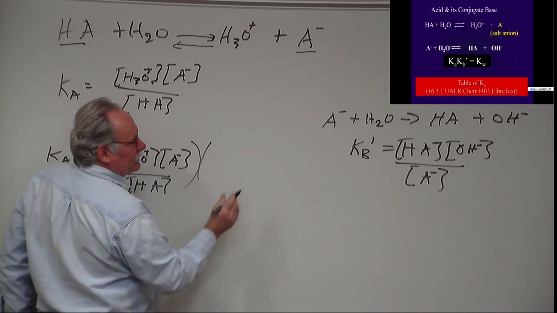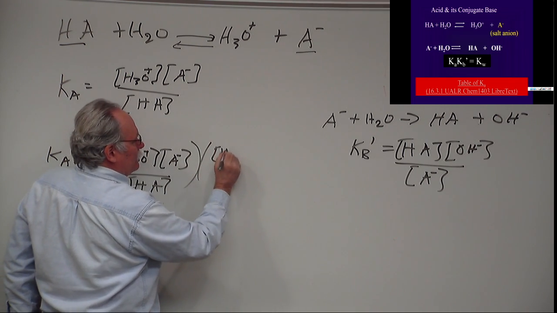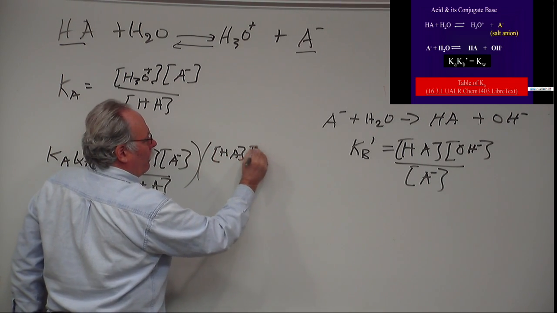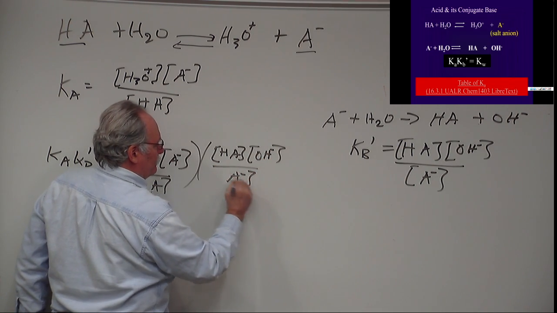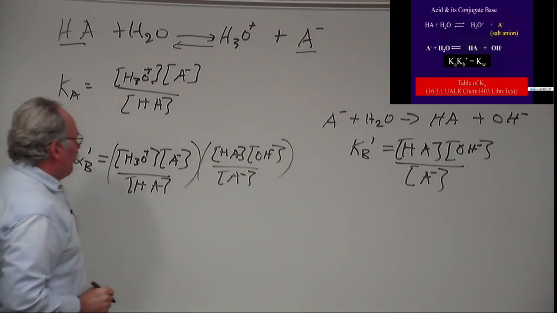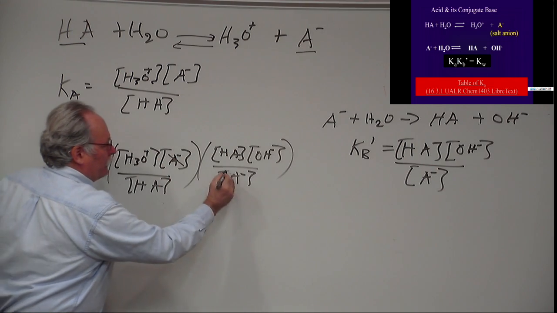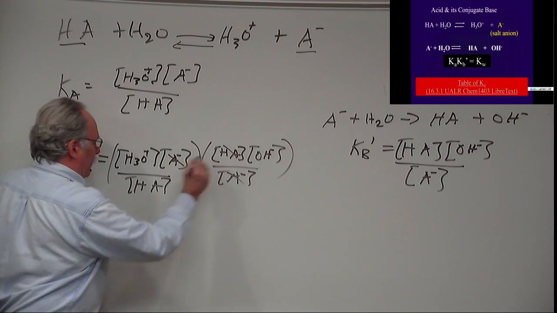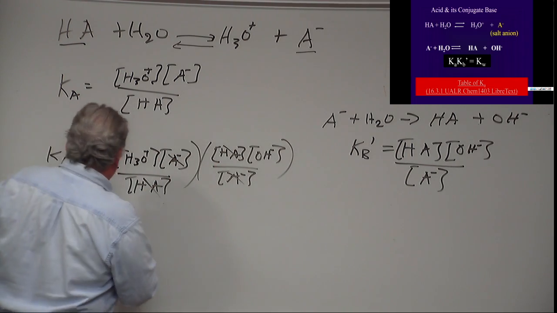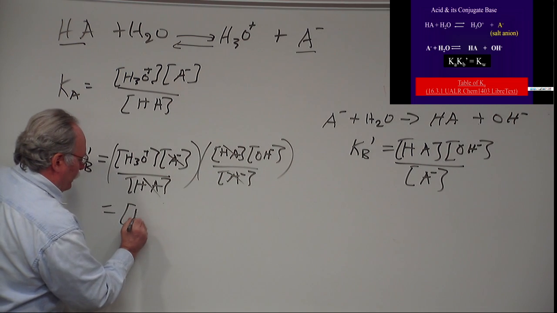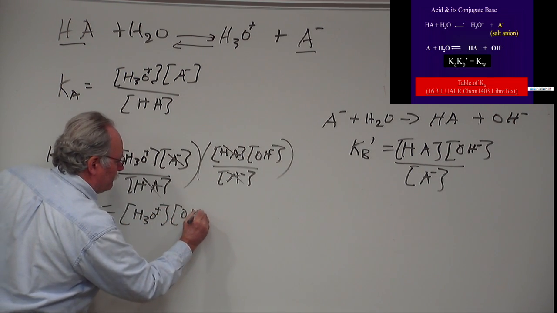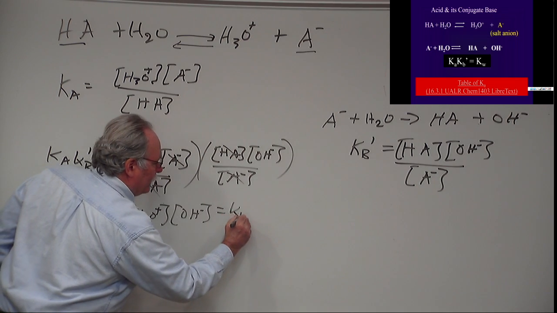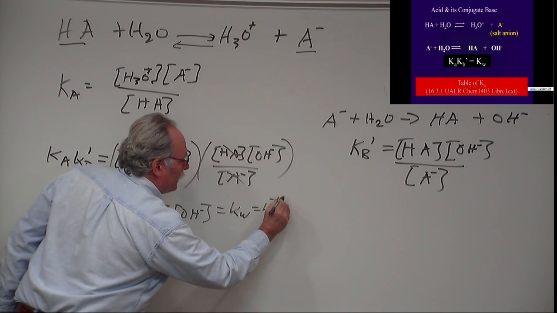And I'm multiplying this by the Kb, which is the HA times the hydroxide all over the A minus. And now I note that the A minus over A minus cancels, the HA over HA cancels, and I have H3O plus times hydroxide, which is Kw, which is 10 to the minus 14.